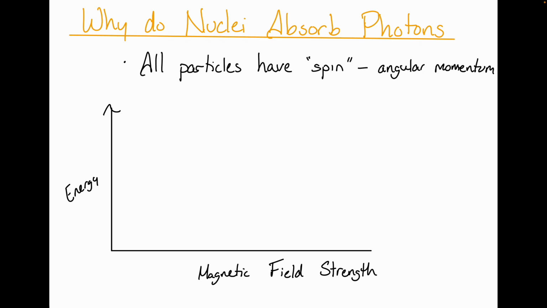Okay, I'm going to represent our spin up nuclei with a red up arrow, and spin down I'm going to represent in blue. Okay, so in the absence of a magnetic field, both spin up particles and spin down particles have the exact same energy.